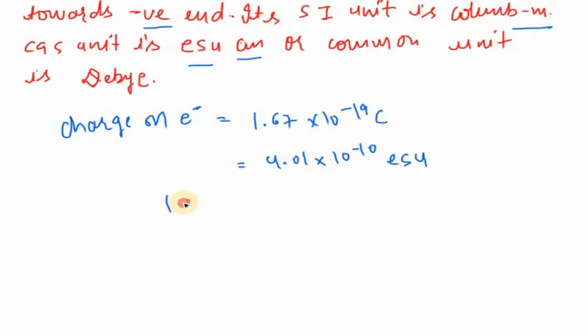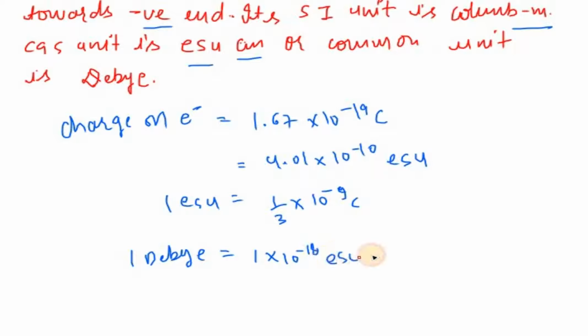We know 1 ESU is equal to 1 by 3 into 10 to the power minus 9 coulomb. That is the relation between ESU and coulomb. The debye is the unit of dipole moment, and 1 debye is 1 into 10 raised to the power minus 18 ESU centimeter.